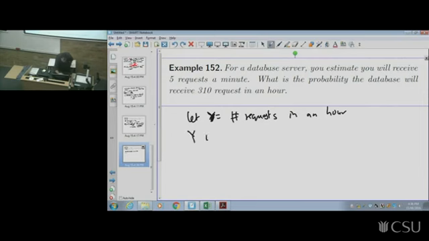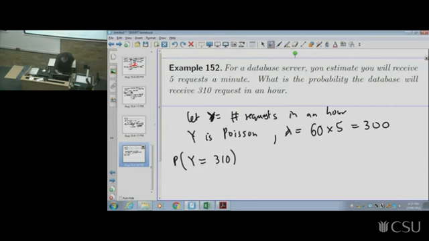So Y has a Poisson distribution. We need to know the average so we can do anything with it. What's the average number of requests we get in an hour? 300. As you said, 60 minutes times 5 requests a minute gives an average of 300. If you don't put 300 there, you'll have a very different answer. So you want the probability that the number of requests is equal to 310.